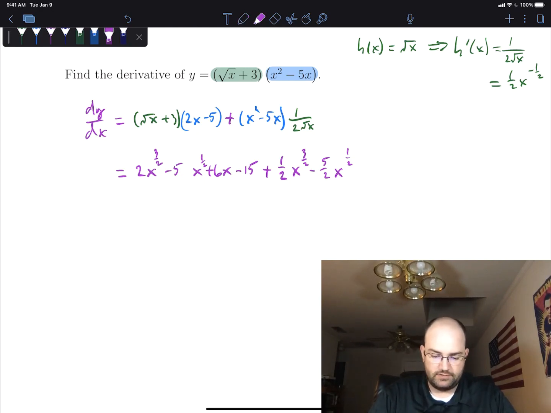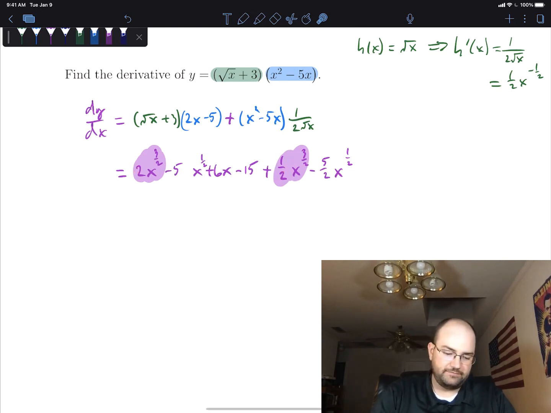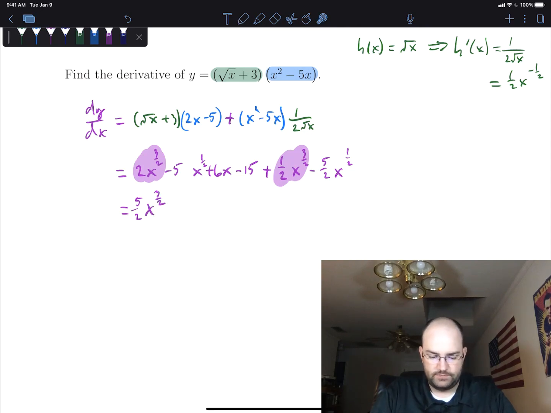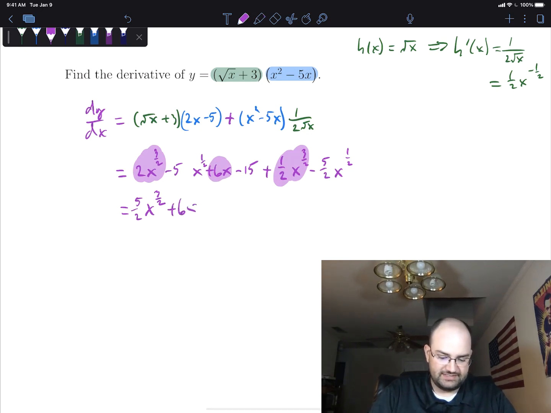Notice the highest degree here is 3/2. There's a 3/2 one there, there's a 3/2 one there. So 2 plus a half is 5/2 x to the 3/2 power. Good. Now, are there any x terms? There are, there's one there. So I'm going to put a plus 6x there.